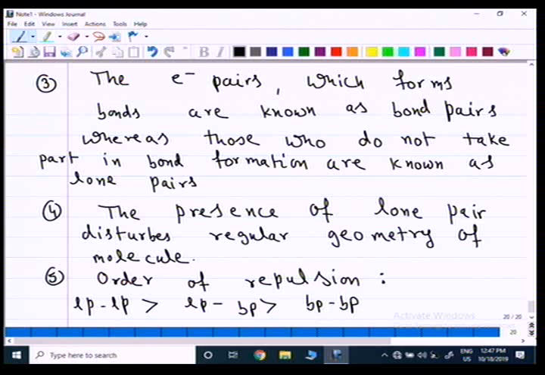Please copy and confirm. Guys, is there any postulate or any point which is not clear to you? You can ask me.